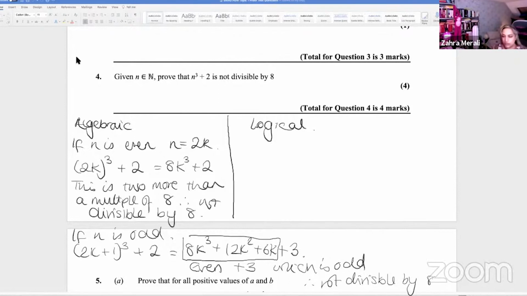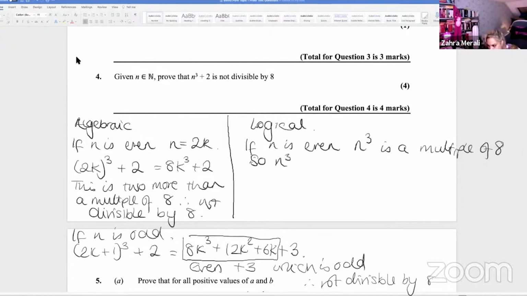Now your logical approach would be, if n is even, we know that n cubed is a multiple of 8, because an even number is a multiple of 2, therefore n cubed is a multiple of 8. So n cubed plus 2 can't be a multiple of 8.